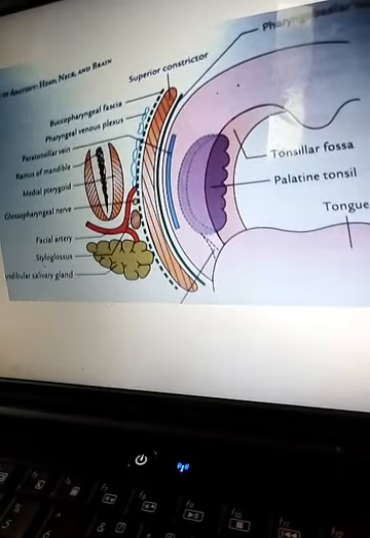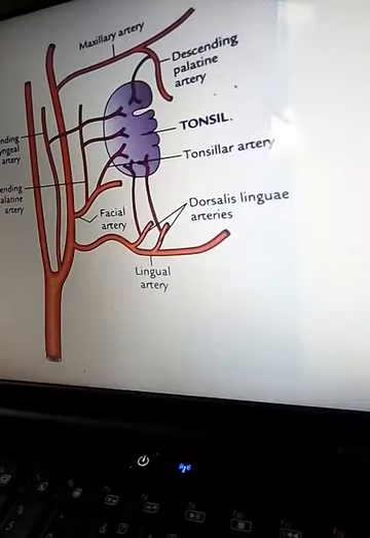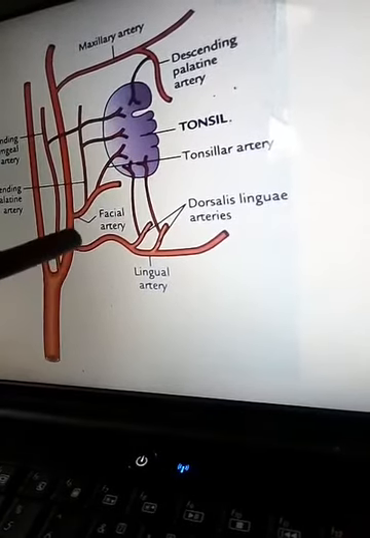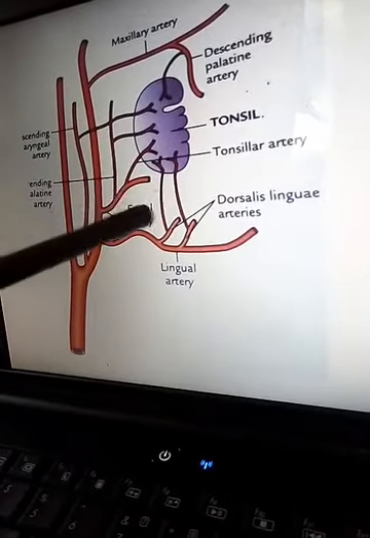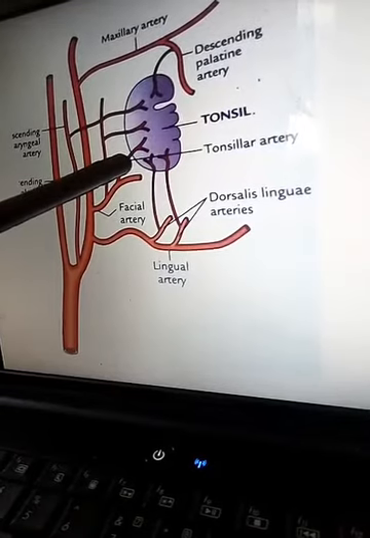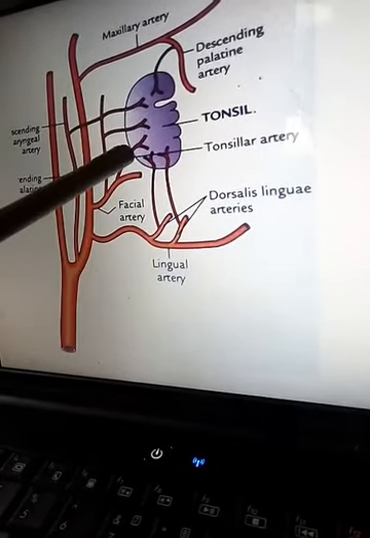Now the arterial supply of the tonsil. The arterial supply of the tonsil comes from the tonsillar branch of the facial artery. It is the principal artery and enters the lower pole of the tonsil by piercing the superior constrictor muscle.